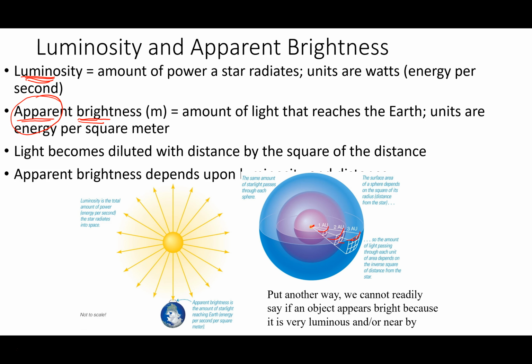It makes sense: the farther you get from an object, the less bright it appears. So the apparent brightness goes down. We use the symbol m, lowercase m, for apparent brightness in astronomy.